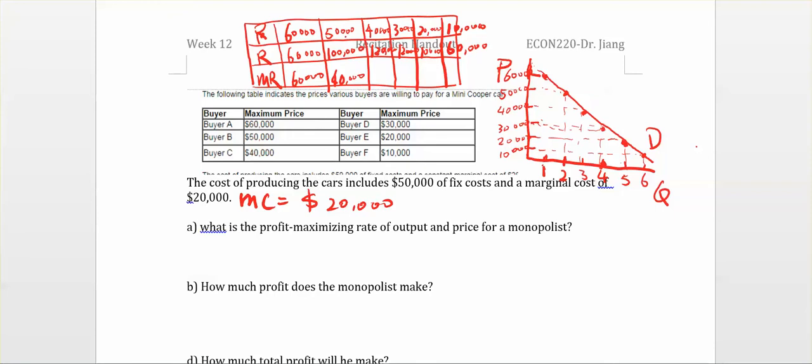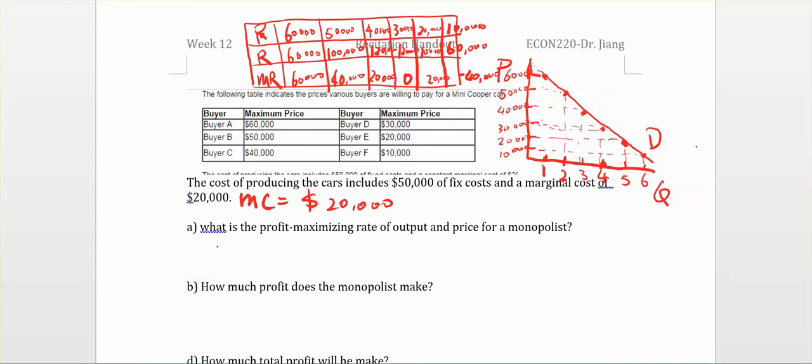And when the price decreased from 50,000 to 40,000, the revenue increased from 100,000 to 120,000, so that is 20,000 as marginal revenue. It's zero when we decrease price from 40,000 to 30,000, and then negative 20,000 here, negative 40,000.